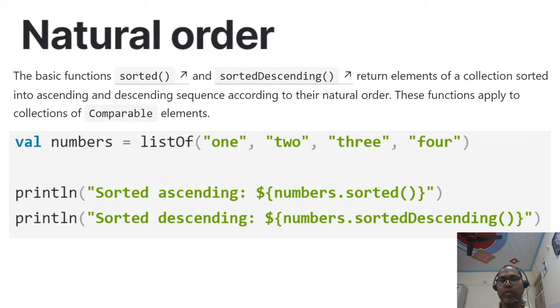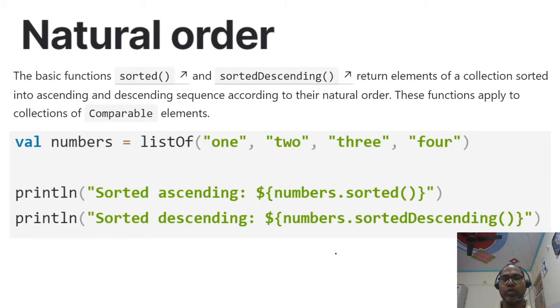Natural order means that, in the case of a string, the string class already provides the sorting method. In those scenarios you can say it is natural order, or a fixed library which Kotlin already offers you, with a set of ordering as well.